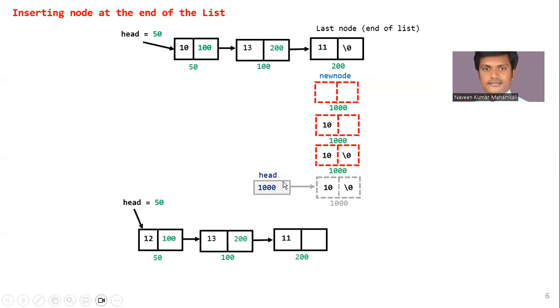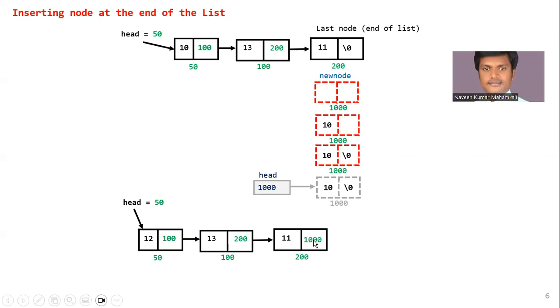Otherwise, assume the linked list is not empty, as shown here. Assume we have to now traverse the entire list from head to here. So we traverse the list, and our PTR pointer will stop at the last node. Then we have to do the necessary changes.